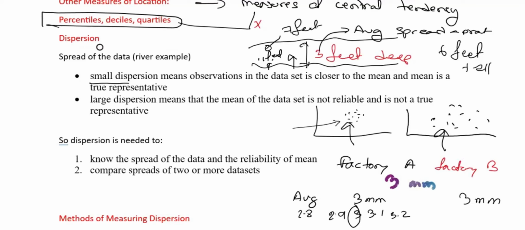So the average is 3. However, factory B তে যদি আমরা দেখি, 2, 2.5, 3, 3.5, 4. So average করলে কিন্তু we are gonna get 3 in both the cases.